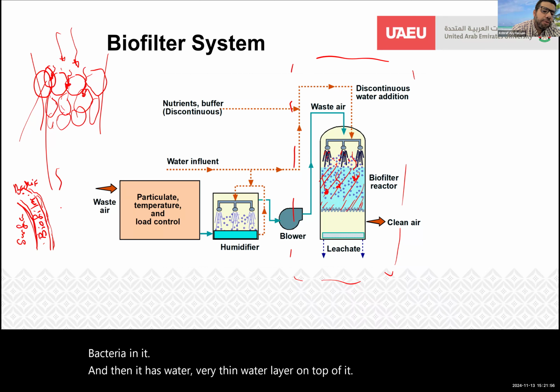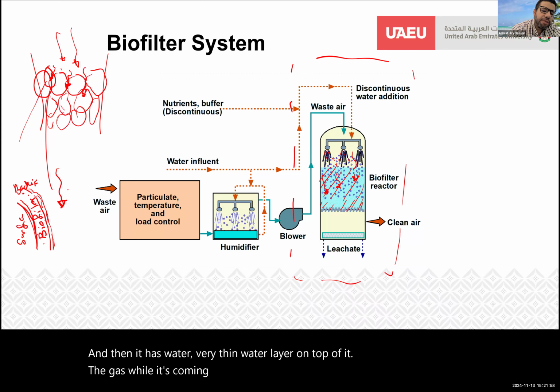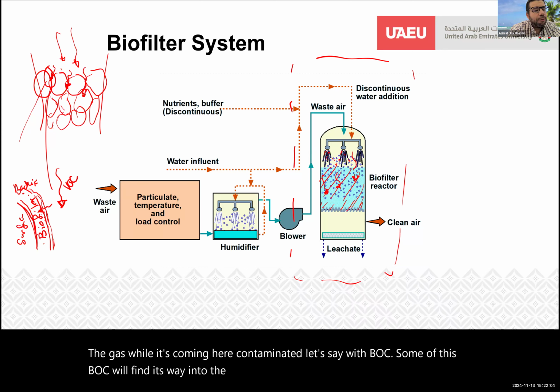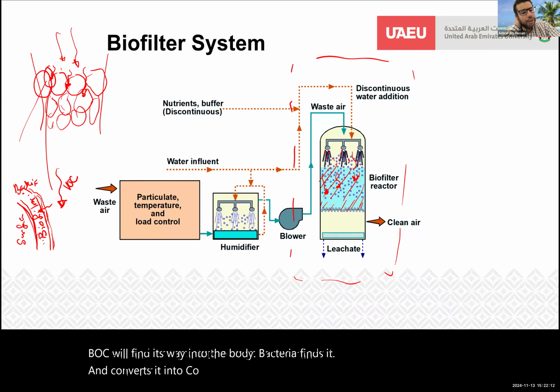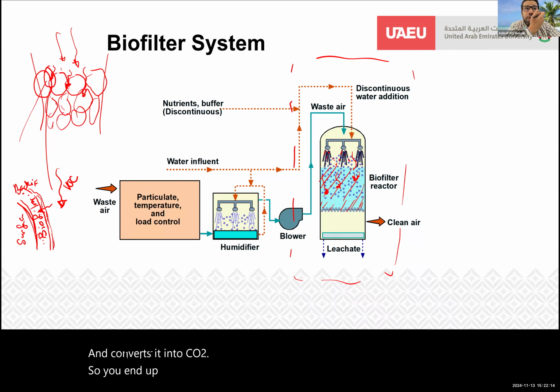The gas, while it's coming here contaminated, let's say with VOC, some of this VOC will find its way into the biofilm. Bacteria finds it and converts it into CO2. So you end up having a cleaner airstream coming out. Make sense? Out of this, you get clean air.